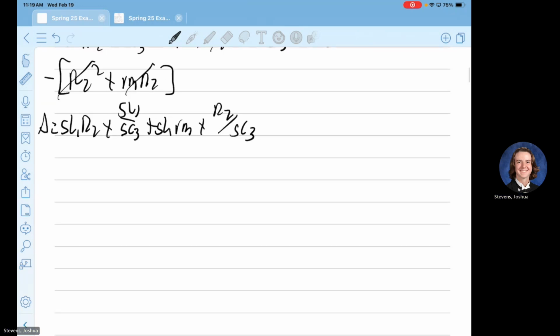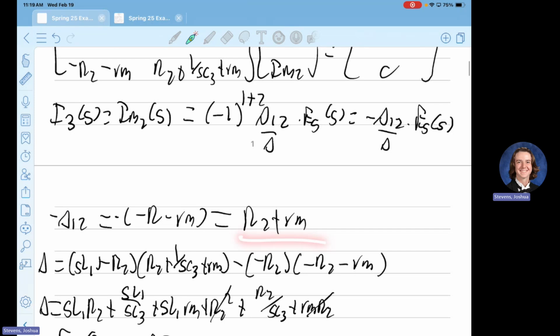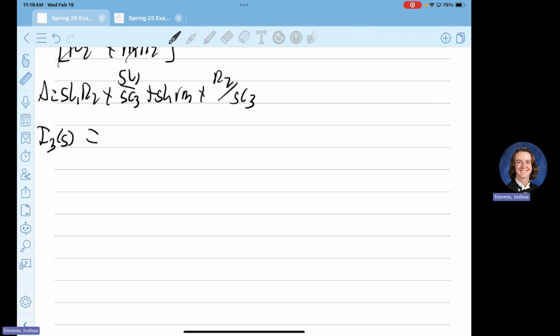All right. Now, I'm going to combine everything. I3 of S equals that delta 1,1, which we found earlier to just be R2 plus RM. So that just becomes R2 plus RM.